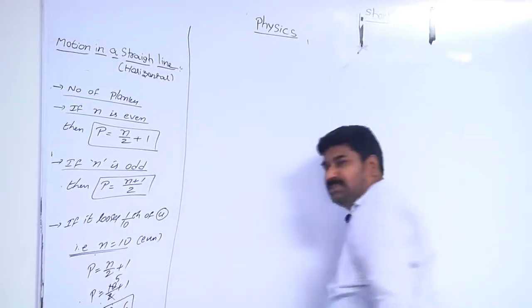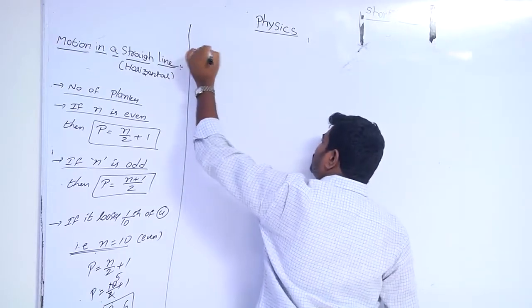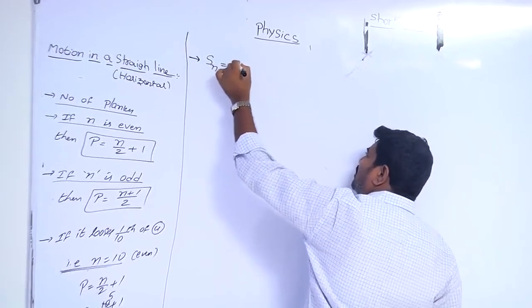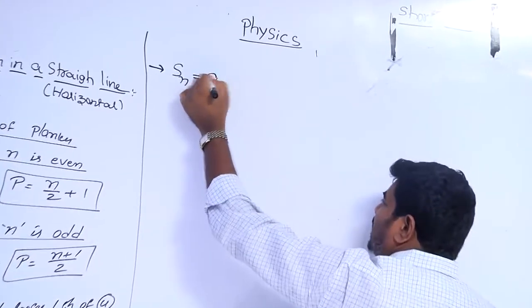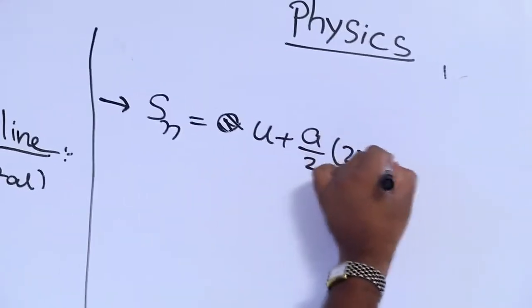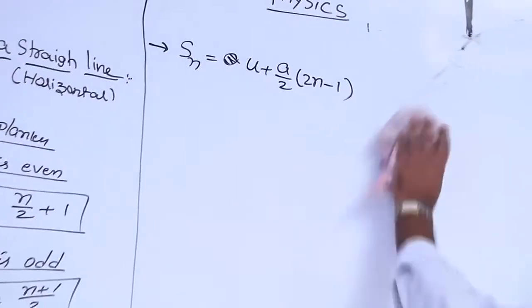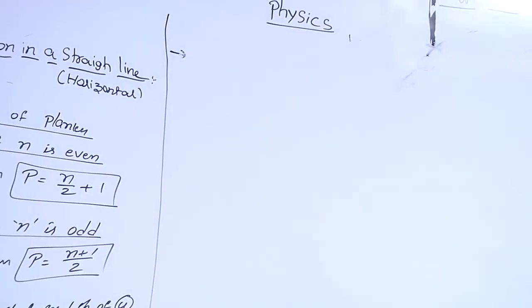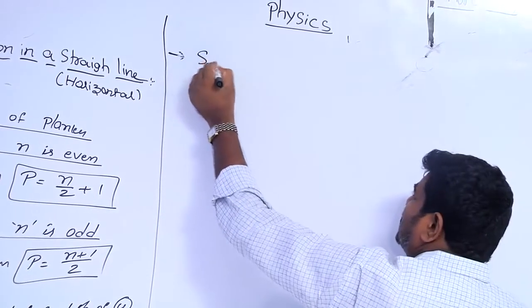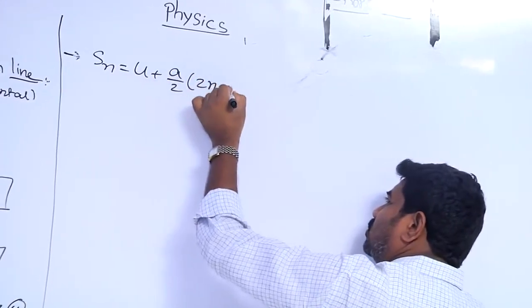Here we know the displacement in a particular second, for example displacement in the 10th second. What is the formula? Displacement in a particular second, Sn, is equal to u plus (a/2) into (2n minus 1).